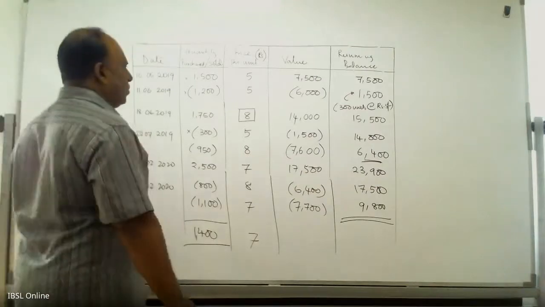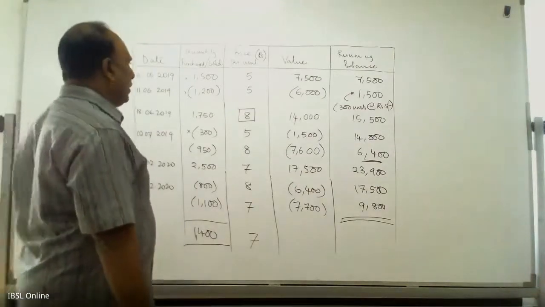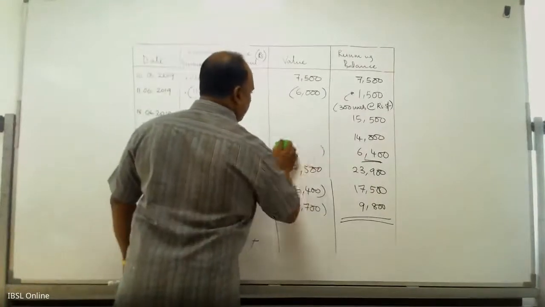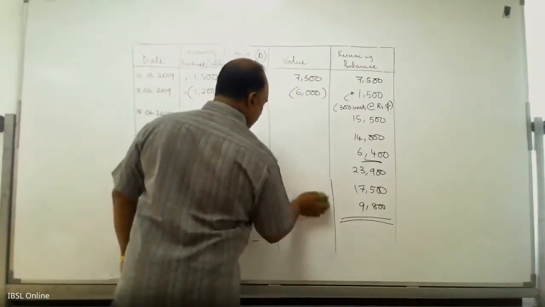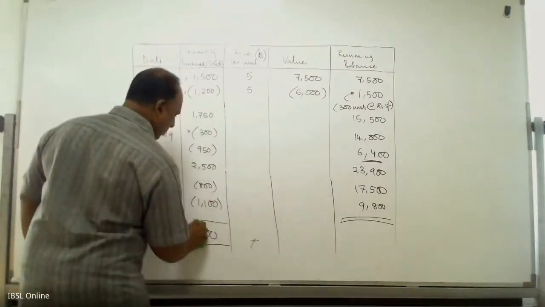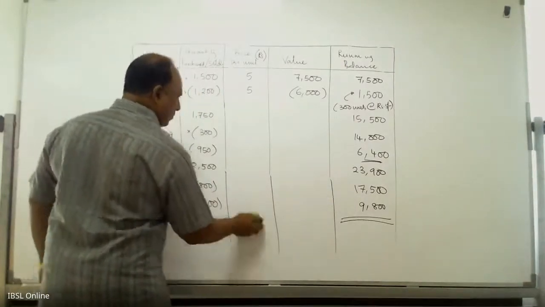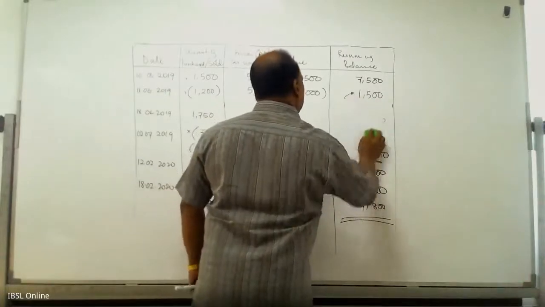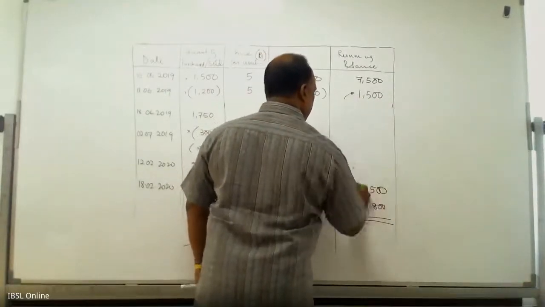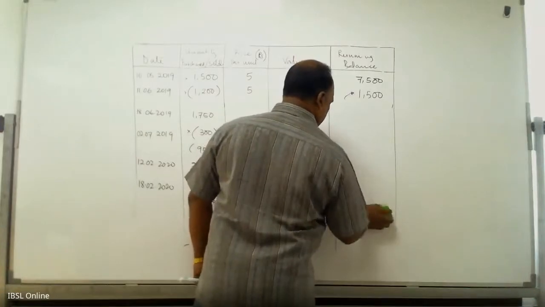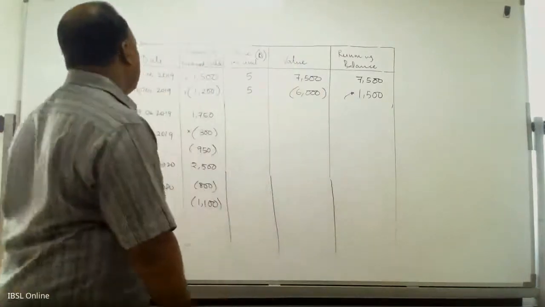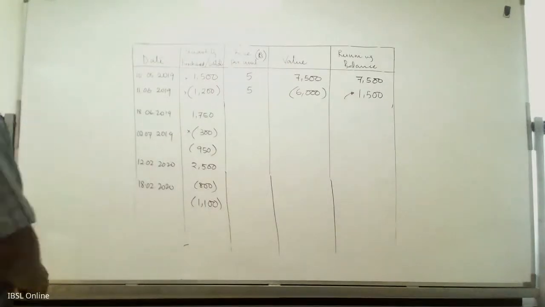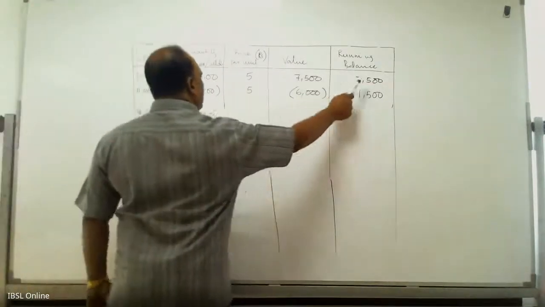So the only change that is going to happen here is the first transaction will go through, that is 1,500 units at 5 rupees each, 7,500. So you will get 7,500.